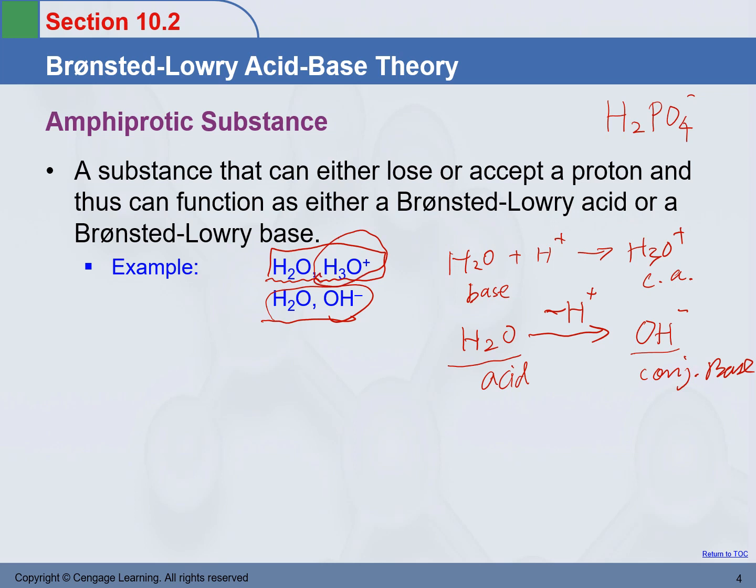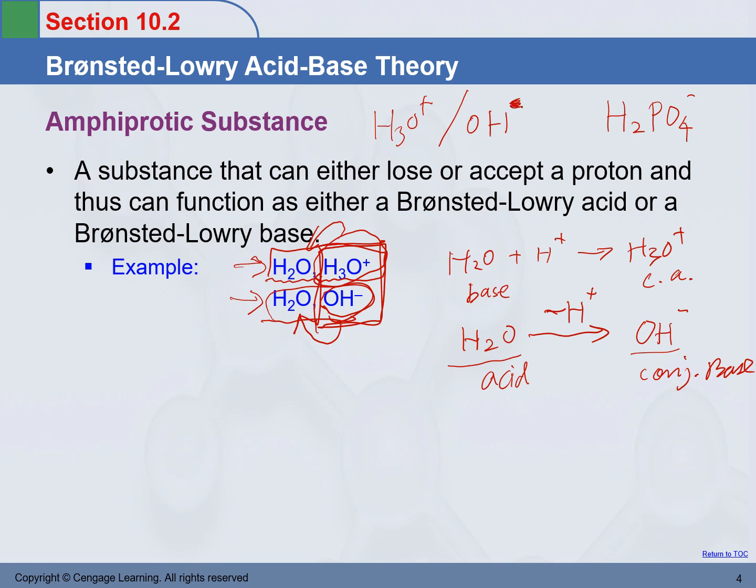Hydronium ion is the conjugate acid of water. Hydroxide ion is the conjugate base of water. These two are a conjugate acid-base pair. These two are a conjugate acid-base pair. However, these two, hydronium ion and hydroxide ion, they are not a conjugate acid-base pair.